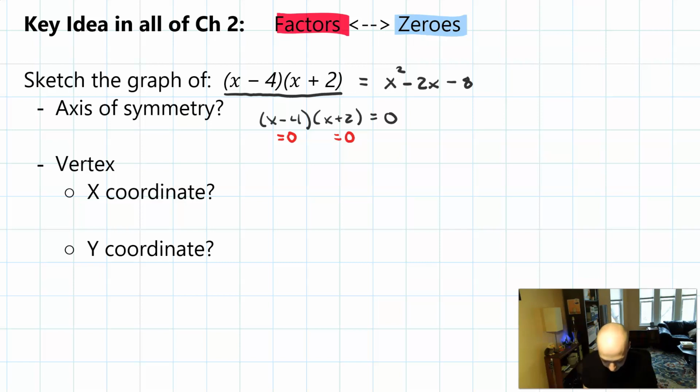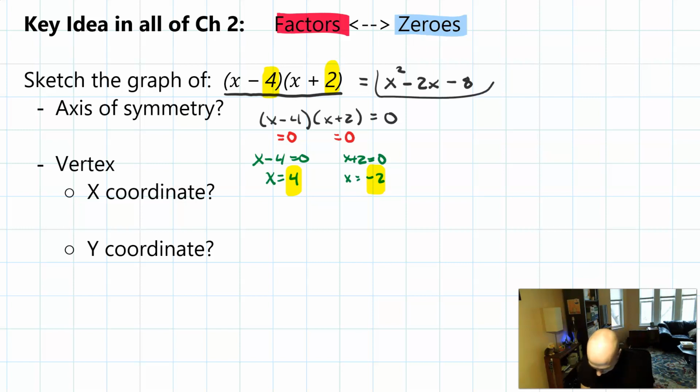So that effectively means that you can split this up into two equations and solve to find the zeros, right? And if you recognize, oh my gosh, there's the zeros, you don't even have to show all that work. You can immediately look at the factors and recognize that those are the zeros of your graph.